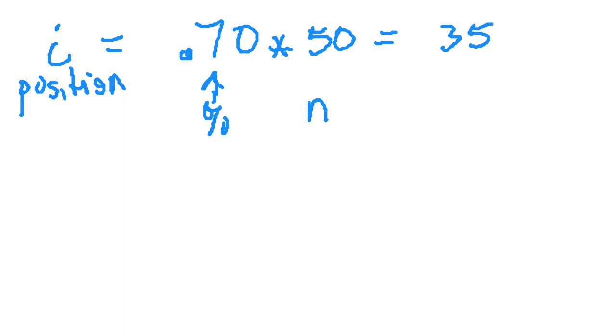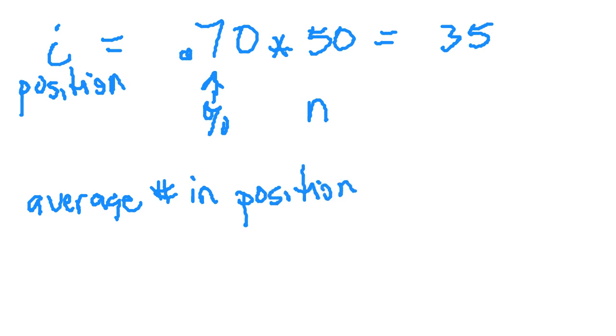So again, since that's an integer, we're going to average the number in position 35 and 36. So again, I'll talk about this in a minute, what happens when it's not an integer, but for now, let's just finish this one.